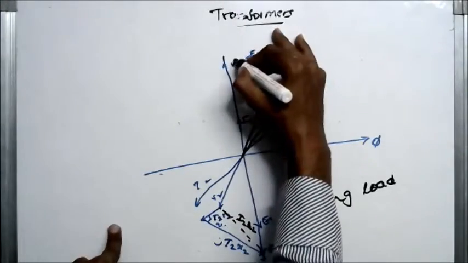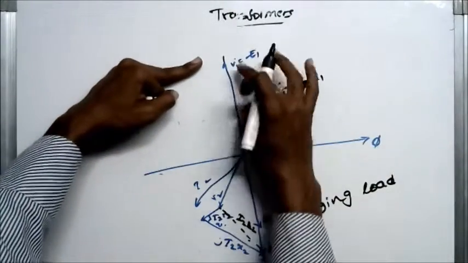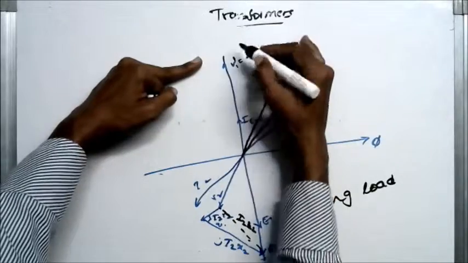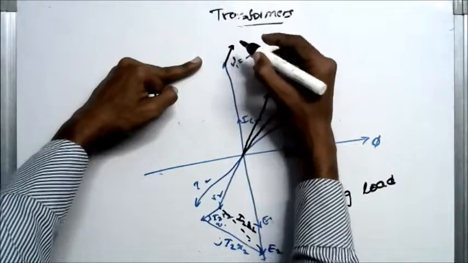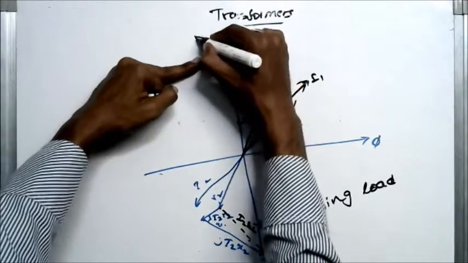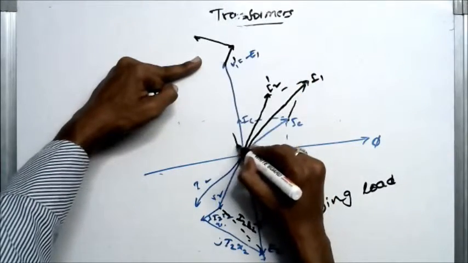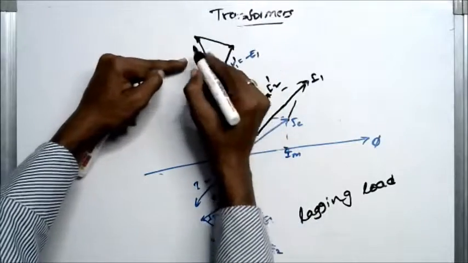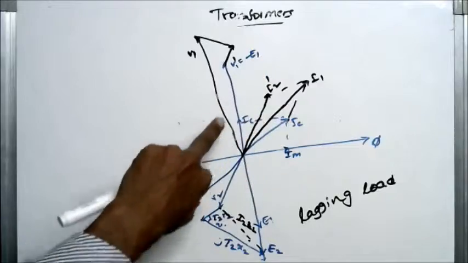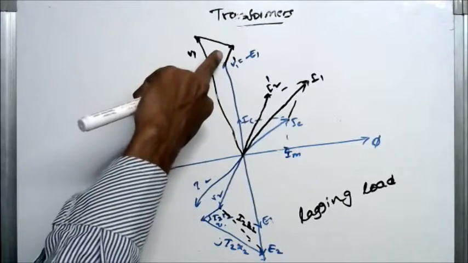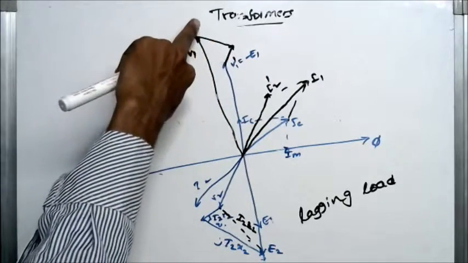This is somewhat different. So this is V1 dash. To this we have to add leakage resistance and reactance. Then we will get V1 here. V1 dash plus I1 R1 plus j I1 X1.